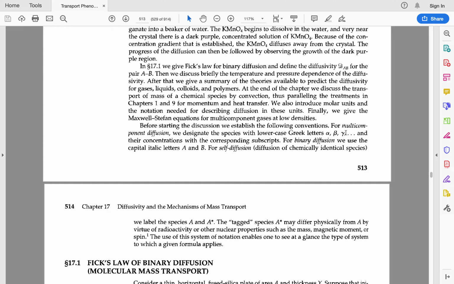For multi-component diffusion, we designate the species with lowercase Greek letters alpha, beta, gamma, and the concentration with the corresponding subscript. For binary diffusion, we use capital italic letters A and B.